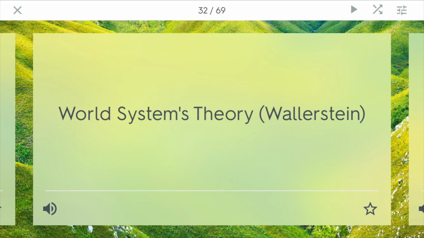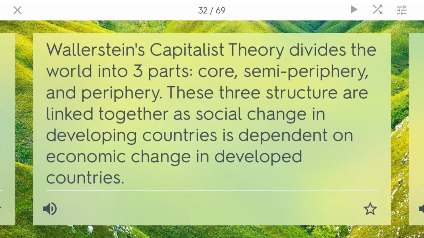World systems theory, this was created by Wallerstein, very famous. This was a capitalist theory that divides the world into 3 parts: the core, the semi-periphery, and the periphery. And these 3 structures are together linked as a social change in developing countries and developed countries in the world. It basically states that developing countries are heavily dependent on the economic change and structure in developed countries.